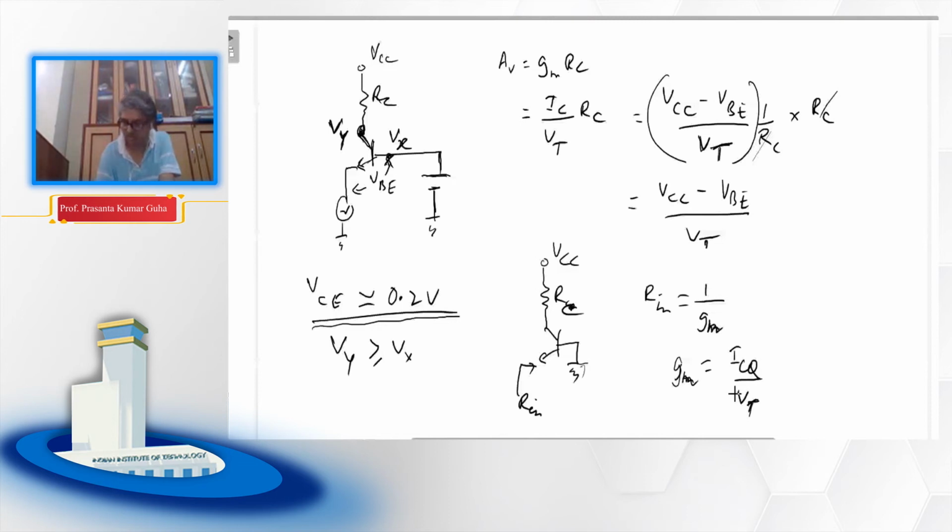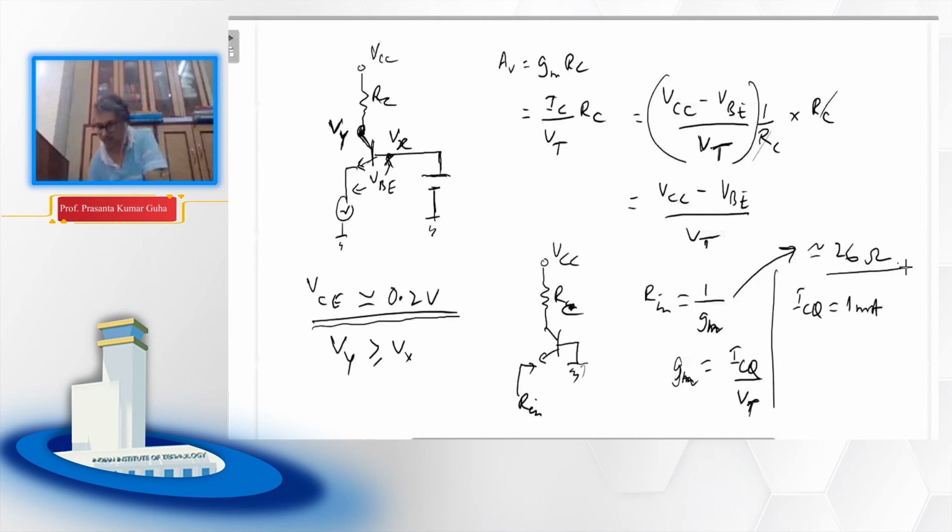If ICQ is 1 milliamp, then what will happen to this Rin? Rin will be 26 ohm, because 1 by Gm is Vt over ICQ, and Vt is close to 26 millivolt over 1 milliamp, so that's basically 26 ohm.